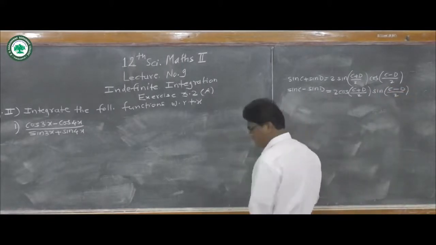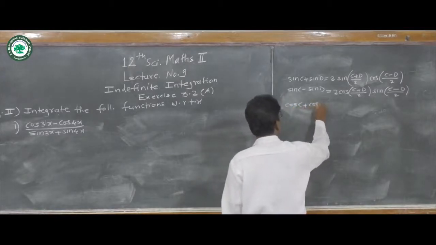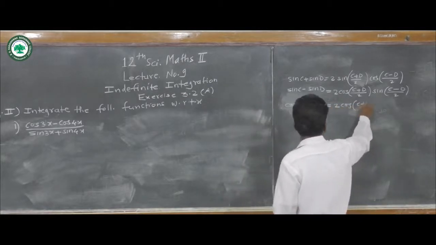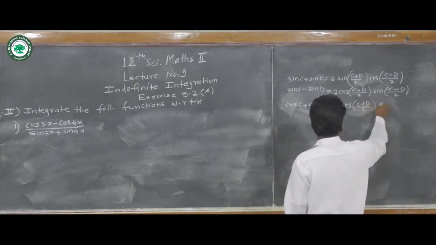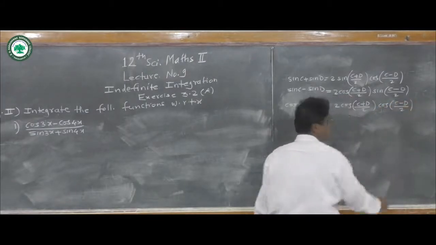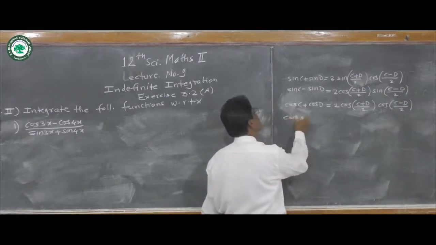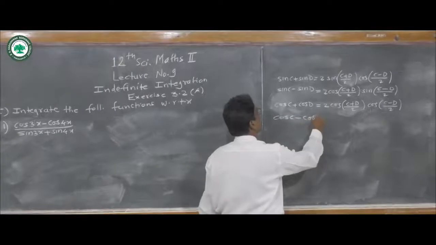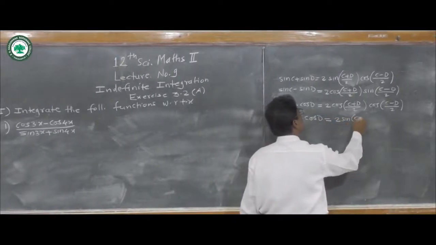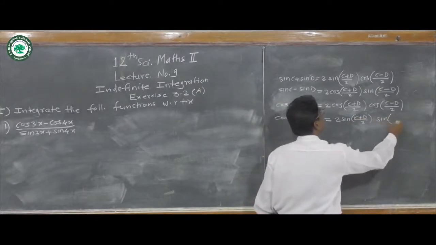Third formula: cos of c plus cos of d is equal to 2 times cos of c plus d divided by 2 into cos of c minus d divided by 2. And the last one, cos of c minus cos of d, is equal to 2 times sin of c plus d divided by 2 into sin of d minus c.